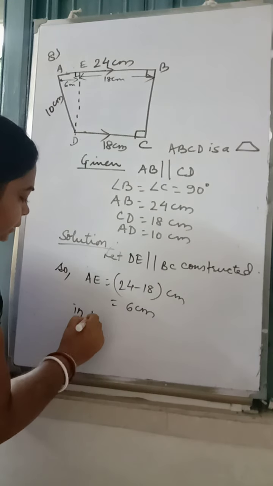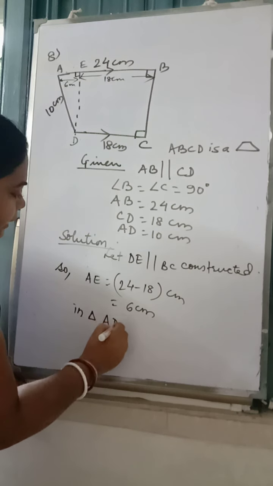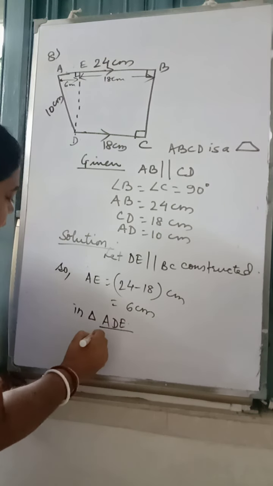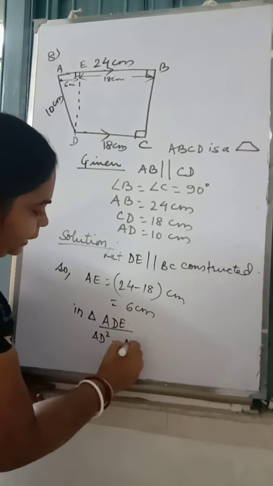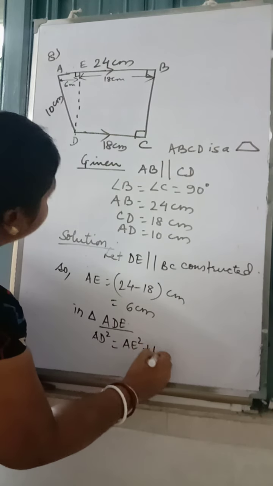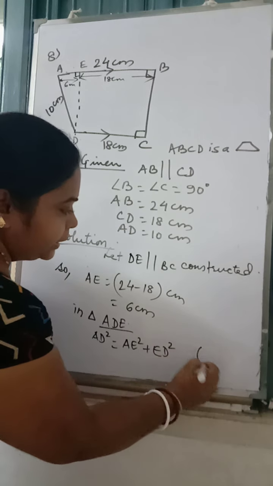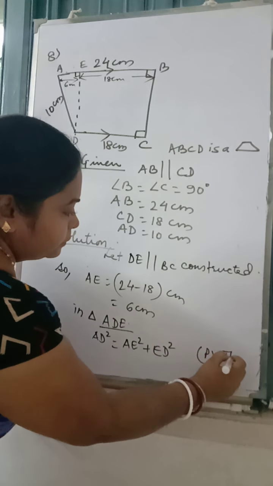In triangle ADE, AD square is equal to AE square plus ED square. It is the Pythagoras theorem.